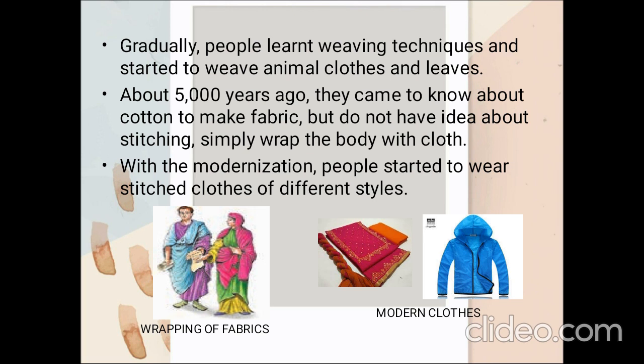They just wrapped that cotton fabric around their body, as shown in the figure, wrapping of fabrics. As modernization came, stitching also came. We started to stitch the dress in different styles and to wear those stitched dresses, right? In this way clothing comes from the ancient period till now.